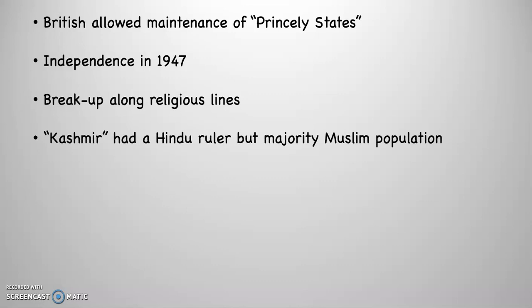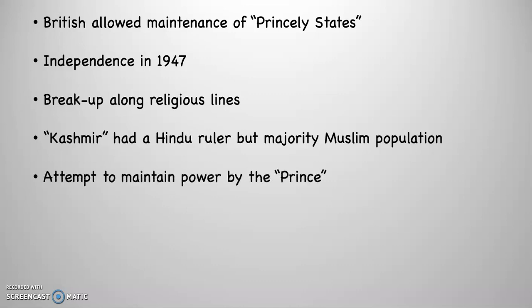In Kashmir, there had been a Hindu ruler, which might seem like it should tilt it over towards India. Because what happened with all those princely states was they were just folded into the country that surrounded them or that was the majority of the population. But at the same time, the majority of people there are Muslims, which would seem to tilt it towards Pakistan.